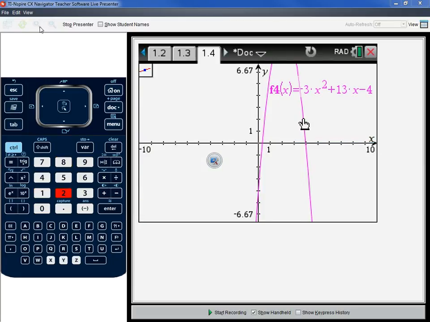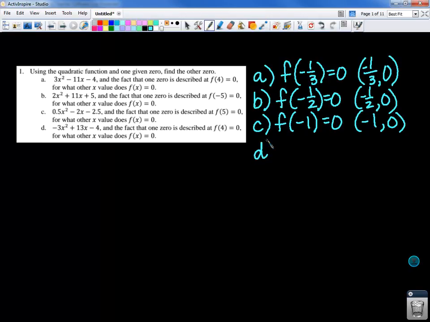I want a point on this parabola, and I want it right there. So this time I have positive 1/3 as my other 0. They gave me the 4 and asked for the positive 1/3. So D is f of positive 1/3 equals 0, which represents the ordered pair, 1/3, 0.